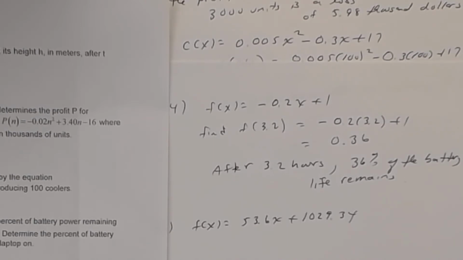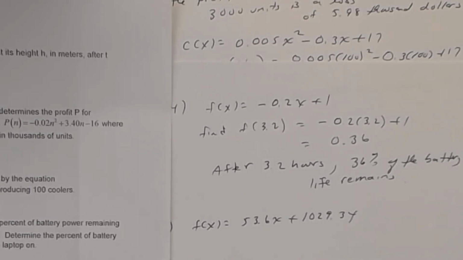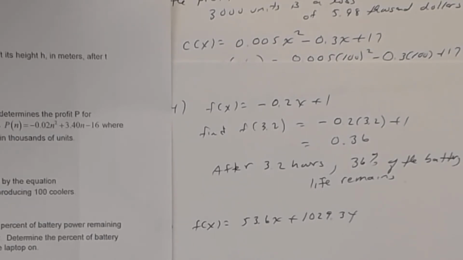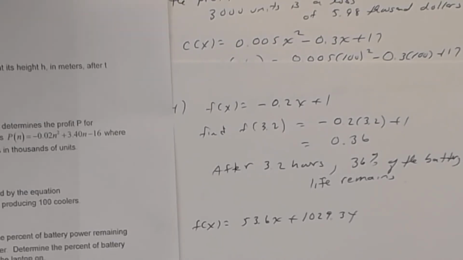The number of years after 2009. You're going to plug in 9, because 2018 is how many years after 2009? 9. You're not going to plug in 2018, because that would represent going almost 2,000 years after. I don't know if I want to live 2,000 years. All right, so it's 9.